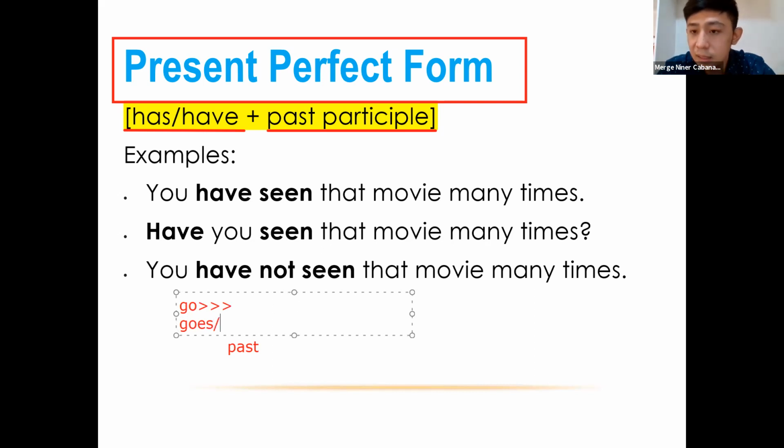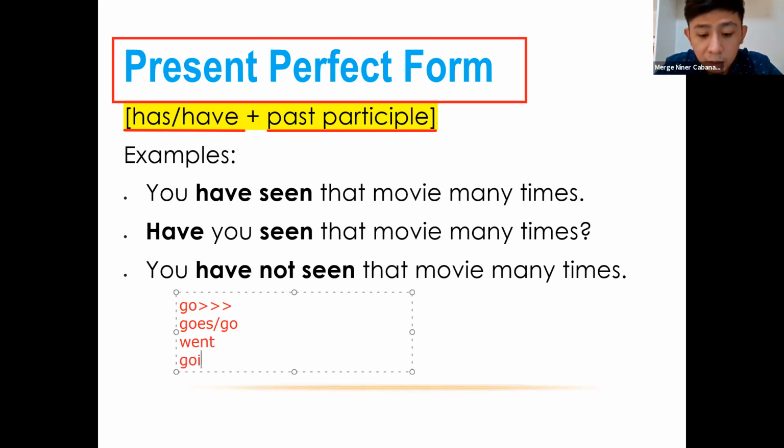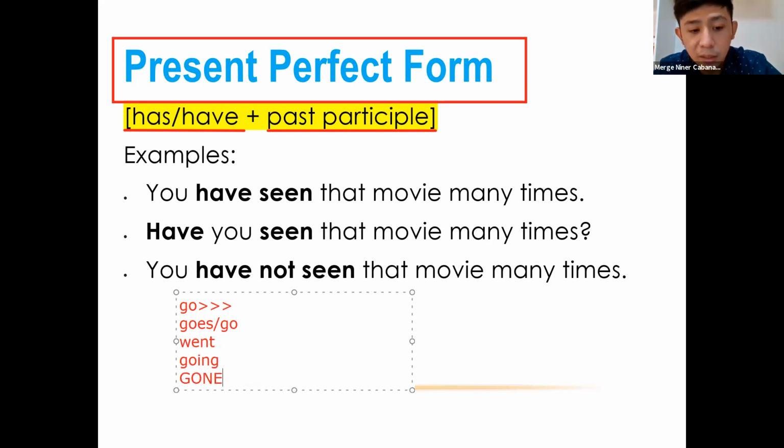Goes, that is the present form singular. Go, that is the present form plural. Went, that is your past form. Going, this is your present participle. And your past participle is gone.